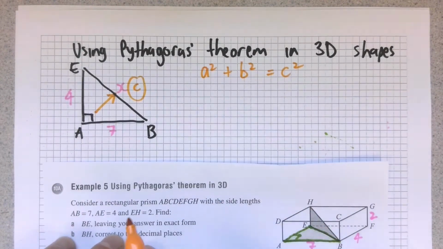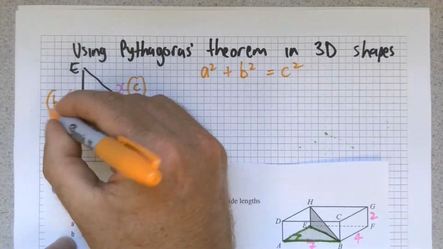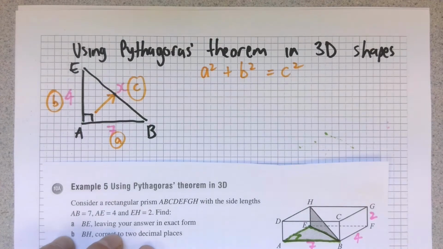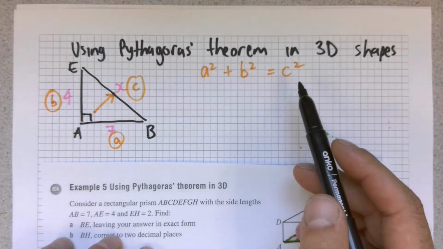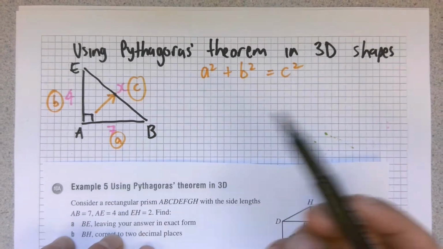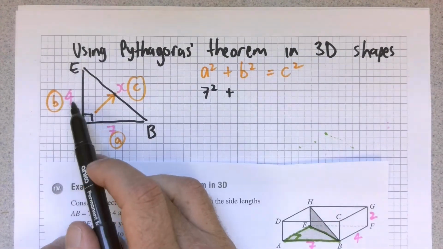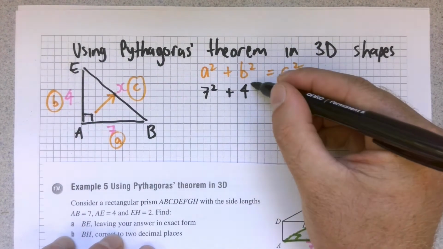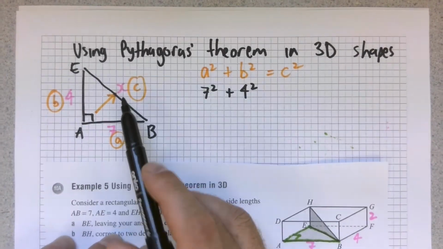It doesn't matter which one's a and which one's b. Then I substitute those values into the equation. Instead of a, I'm going to use the number 7. Instead of b, the number 4. And instead of c, the pronumeral X.